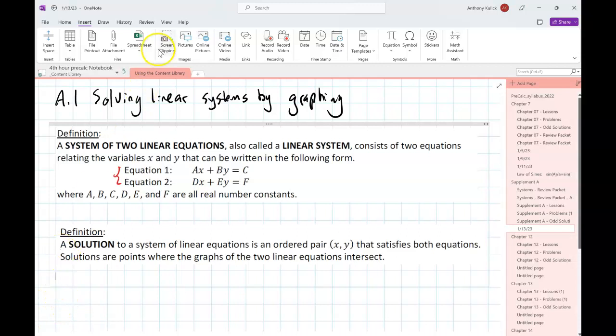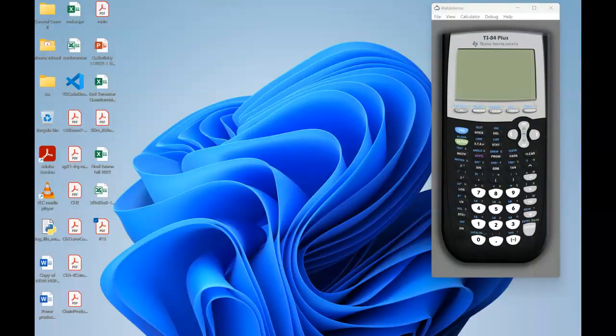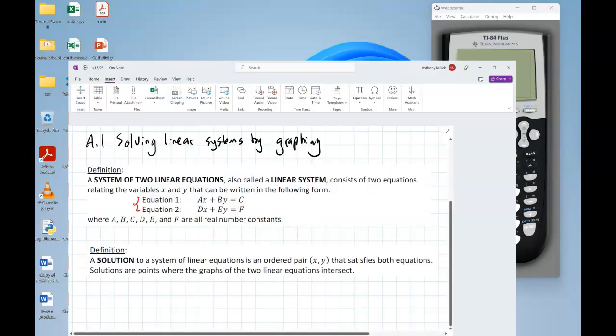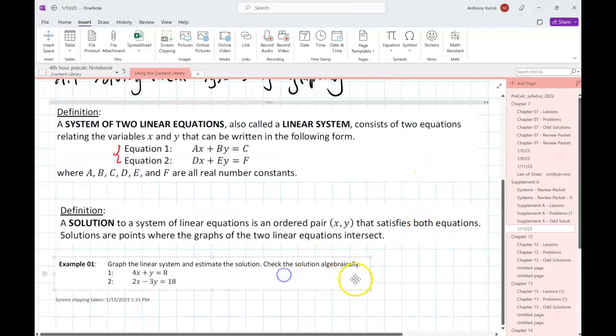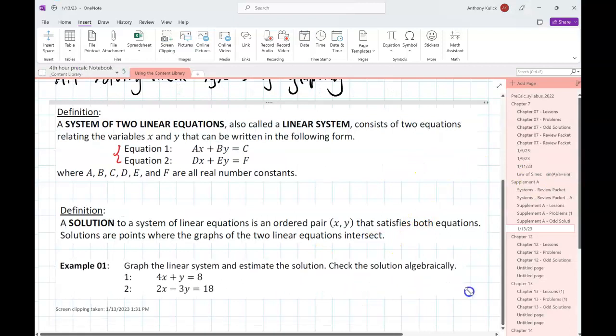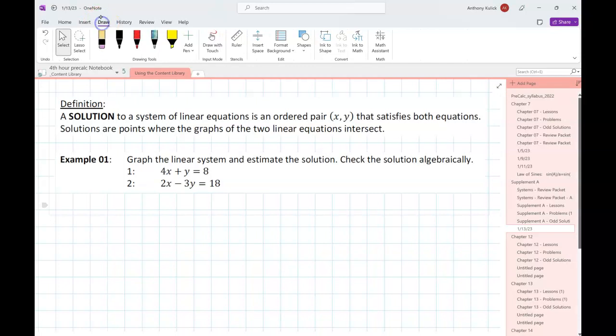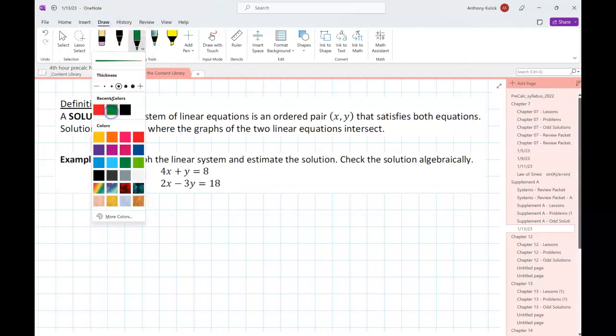Okay. So let's do a quick example here. So we'll solve this by graphing. So I'll graph the first equation in red.